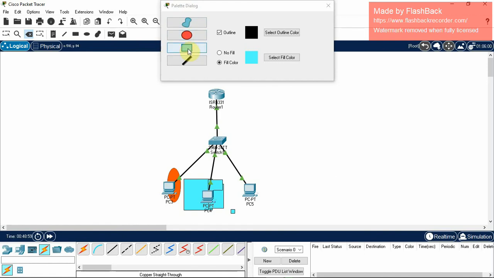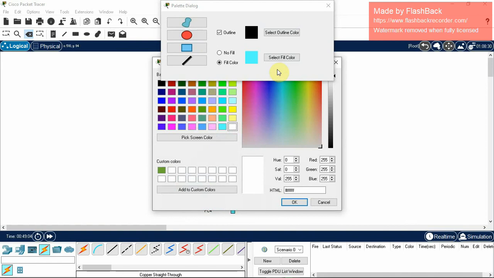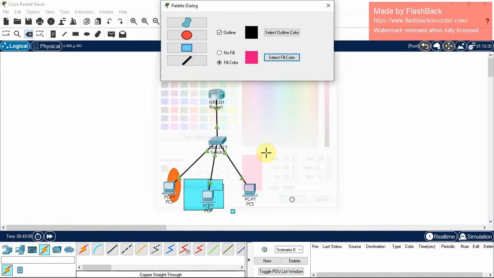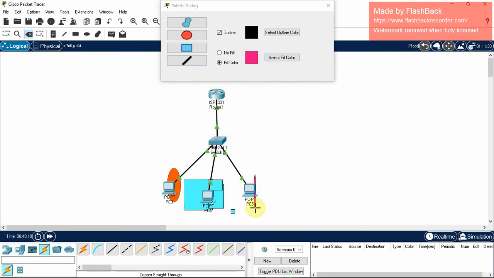And then this other one is also going to be a different VLAN, say a pink. So these are the VLANs that we've configured.